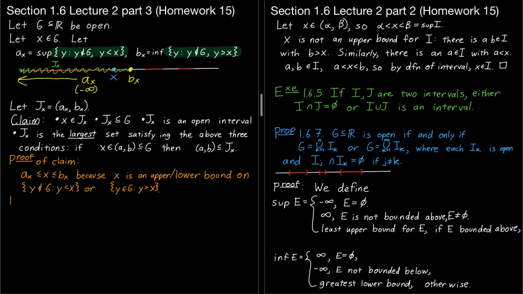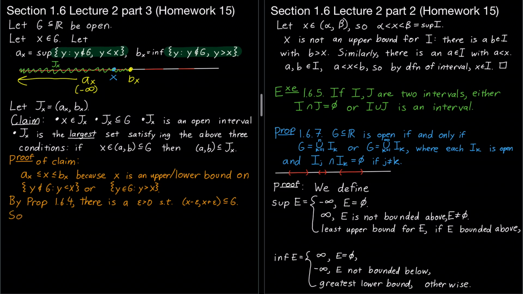So by proposition 1.6.4, there is a positive number epsilon such that some interval (x minus epsilon, x plus epsilon) is contained in G. So that means if y is bigger than x minus epsilon, either it's in this interval or it's bigger than x.